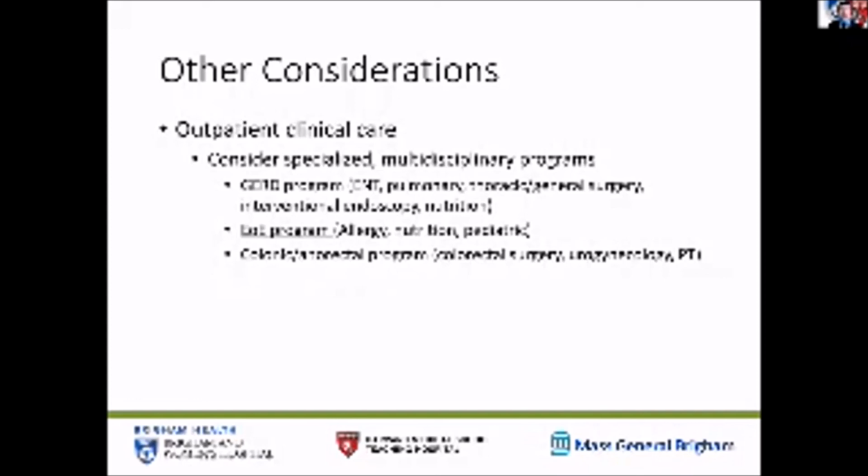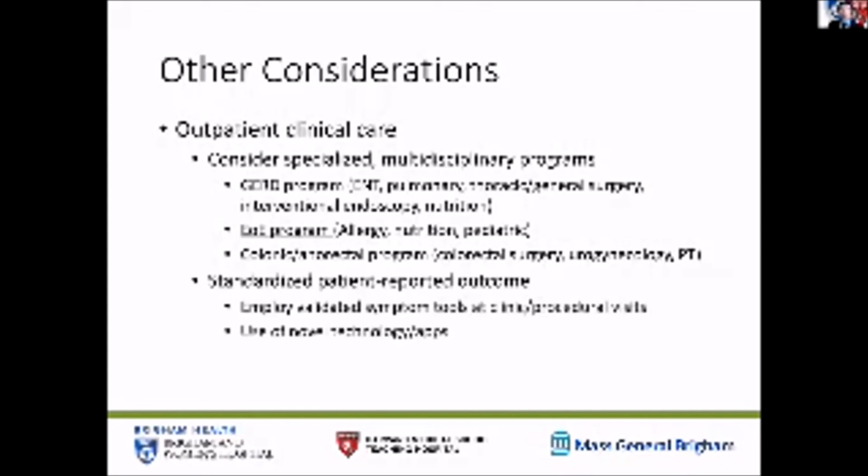A colonic or anorectal program may include also colorectal surgeons, urogynecologists, and pelvic physical therapists to provide comprehensive care. Because motility disorders and also disorders of gut-brain interaction often are hard to evaluate from a symptom standpoint and to monitor symptom severity, having standardized patient-reported outcome measures is important.